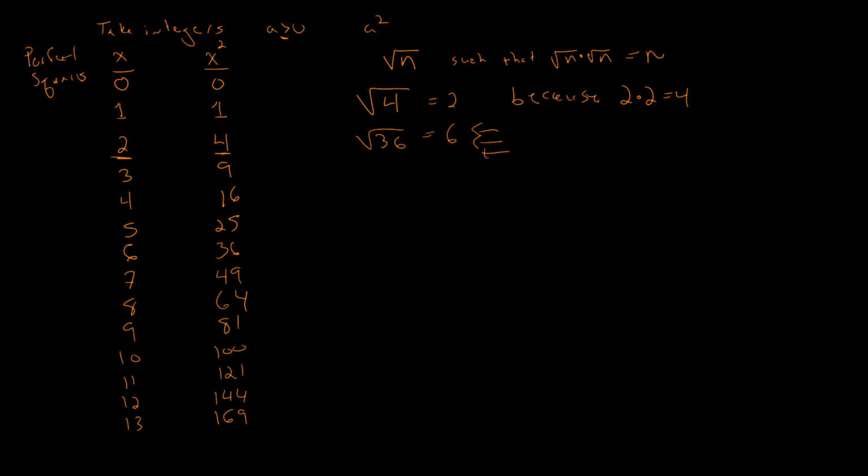So for example, 2, because it's not a perfect square, the square root of 2, that's the best way we can write it. And it is irrational.